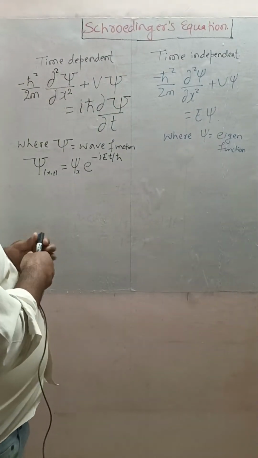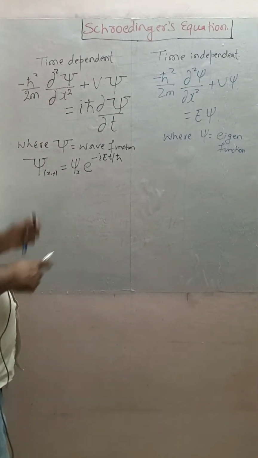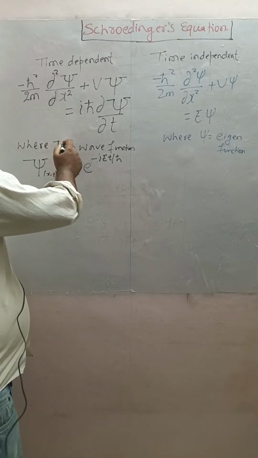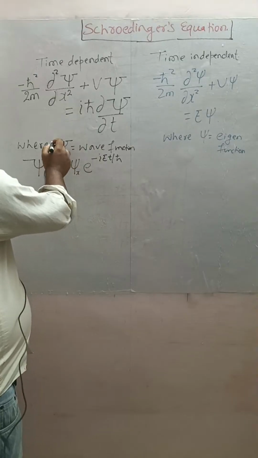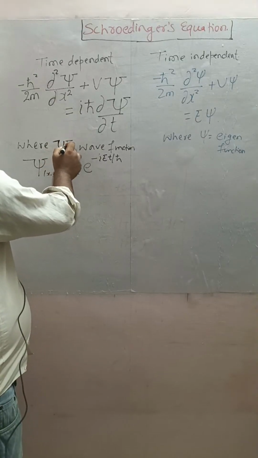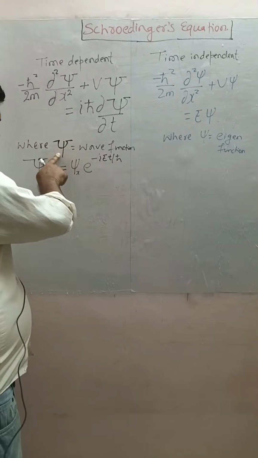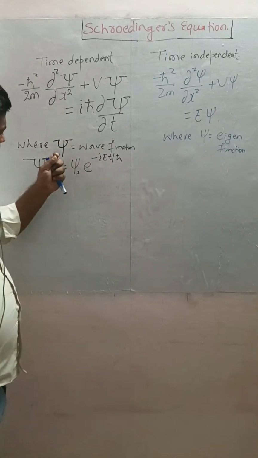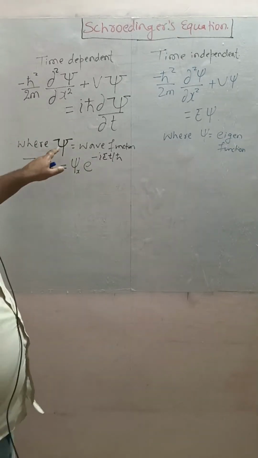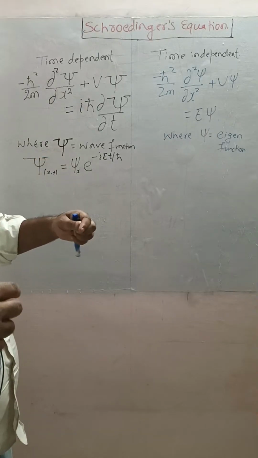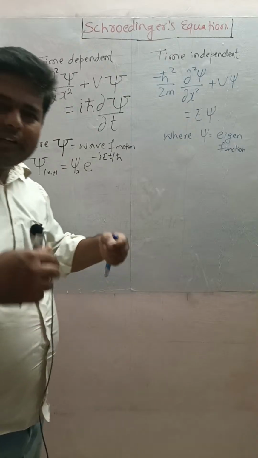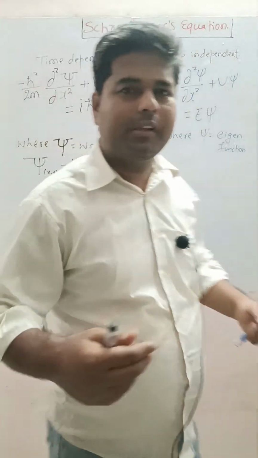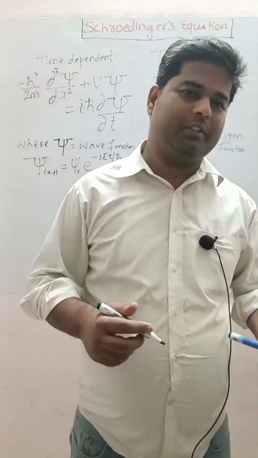See here. This wave function is the matter wave function. If you are seeing this, it means this is showing the nature, the behavior of a particle.